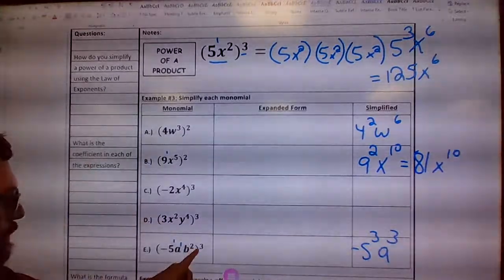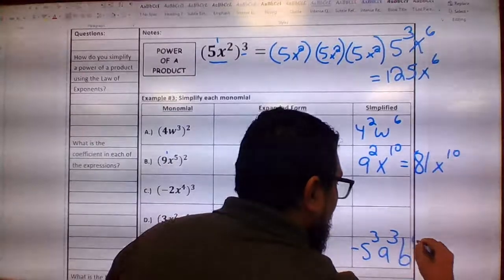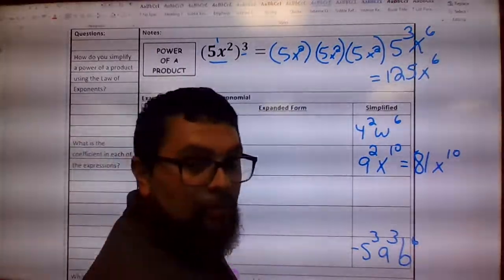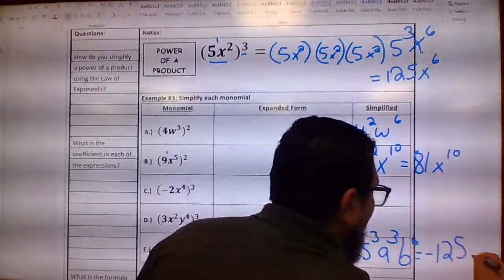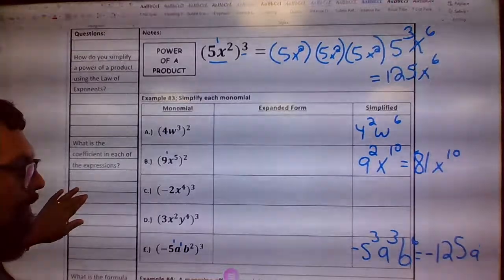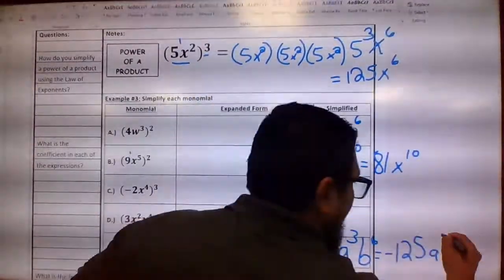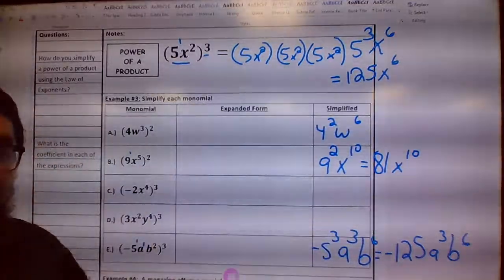And then 2 times 3 is 6, so it's b to the sixth. When you actually multiply it out, you're going to get negative 125 a to the third b to the sixth. There's your answer for E.